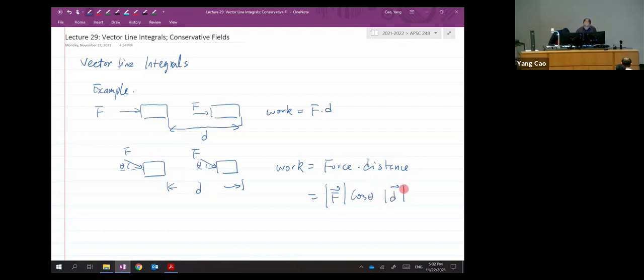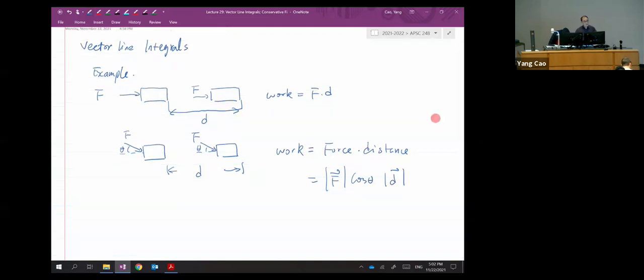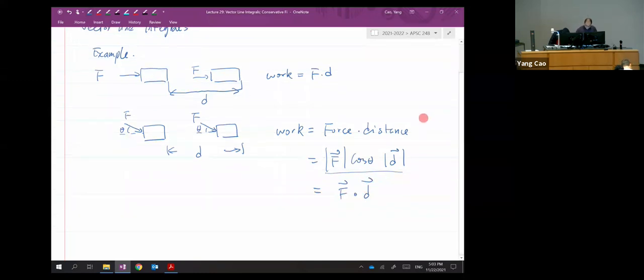And distance could also be a vector, so let's use the absolute value of the vector here. This is in terms of vector notation. We also learned that this is your F dot D. If you use a dot product, that's F dot D. In our first lecture, we also mentioned every vector has two components: a component of direction and also a component of magnitude.